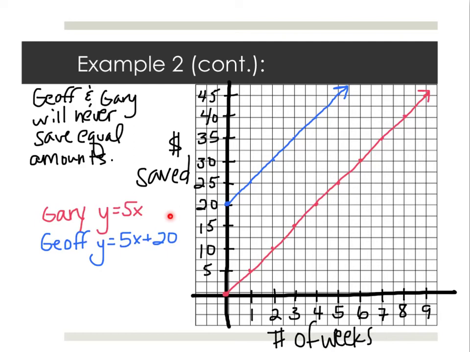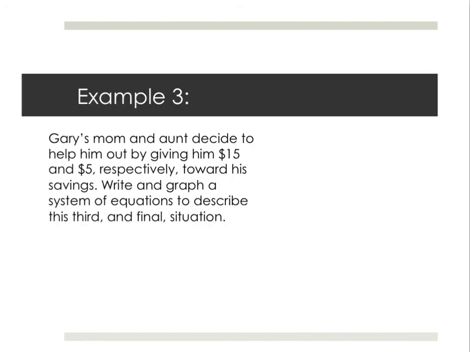All right, last one. Gary's mom and aunt decide to help him out by giving him $15 and $5 respectively toward his savings. Write and graph a system of equations to describe this third and final situation in the saga of Gary and Jeff. Okay, Gary. So what Gary had before was $5 per week.